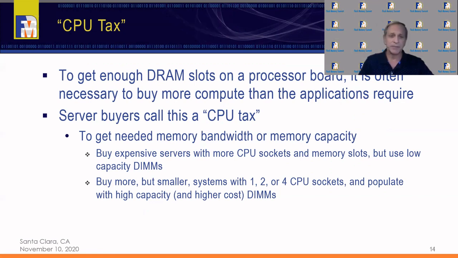One is to buy expensive servers with more CPU sockets and memory slots than the application may need, but use lower capacity DIMMs. Another option is to buy more but smaller systems with 1, 2, or possibly 4 CPU sockets and populate the DRAM slots with higher capacity and higher cost DIMMs. What if we could use cheaper, higher capacity non-volatile or persistent memory in the DDR bus? Flash is too slow, but there are other technologies to consider.